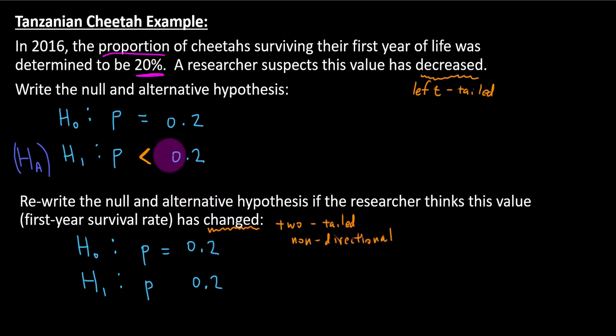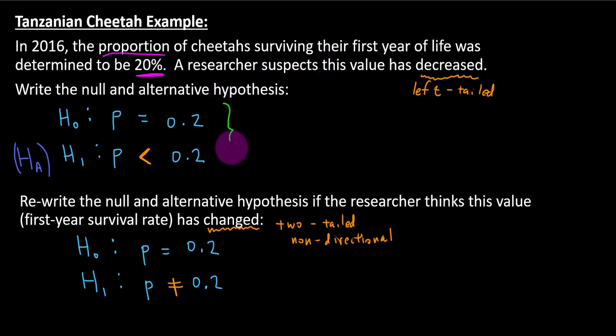So it's not necessarily that they have an inkling or they've seen some evidence that suggests a decrease or an increase. They're just looking if a change has occurred. So we're going to use a not equal to symbol there. And that's it.